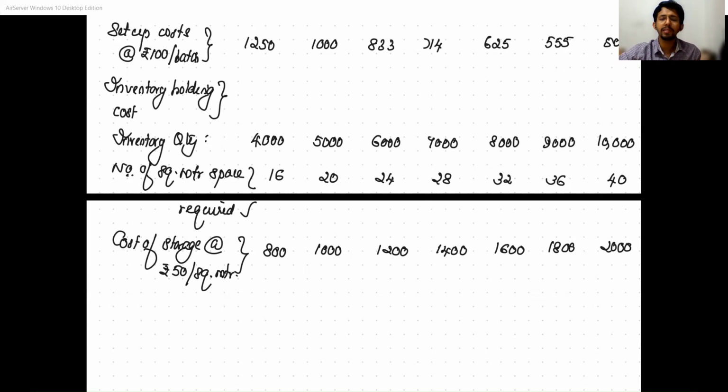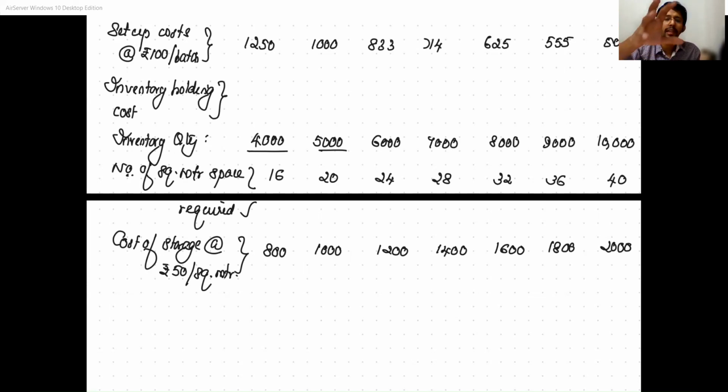But the problem is, friends, you won't have this inventory quantity of 4000 or 5000 all the time. We already saw in the previous question that this 4000 is only the peak inventory quantity. It is only the peak, and the inventory levels will come down accordingly. Now, what you hire is only the square meter.